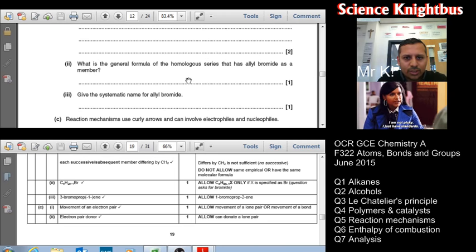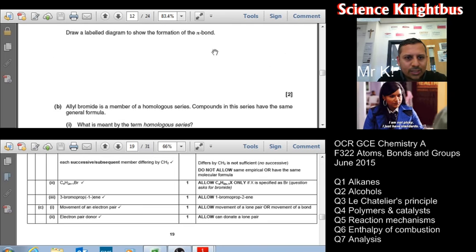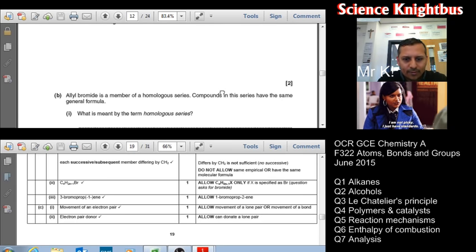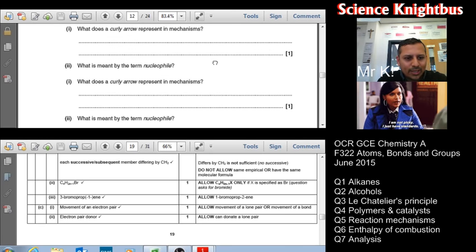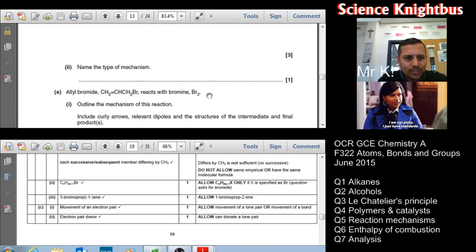Just double checking, which has allyl bromide as the next homologous series. So you would have CH2, CH2. Yeah, it does work out. Okay. So next question: 3-bromoprop-1-ene. You don't have to put the 1 in brackets.